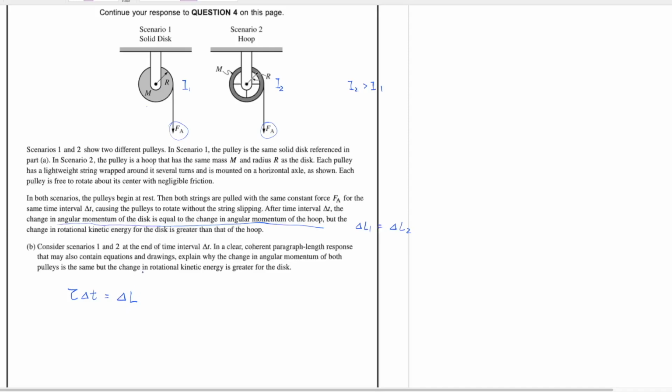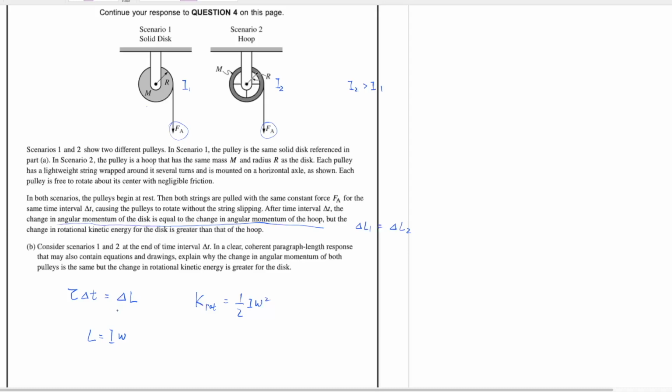But why is there a difference in the change in rotational kinetic energy? So we have to look at the formula for rotational kinetic energy. K rotational is 1/2 I omega squared. So I and omega. What is the expression for L? L is I times omega, right?